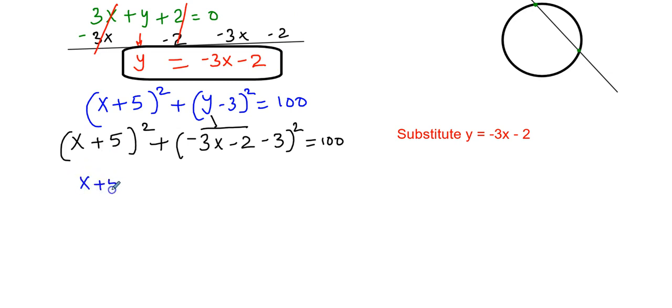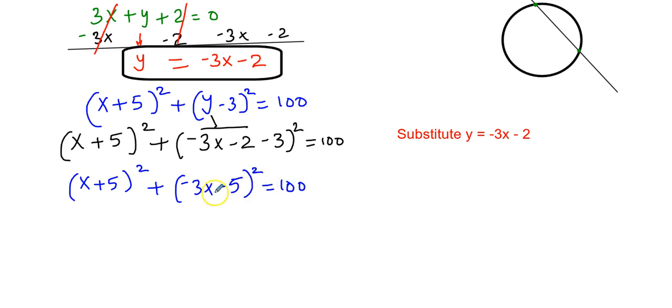Now the next step: (x + 5)² + (−3x − 2 − 3)². Minus 2 and minus 3 together, they both are negative, so add them and have a negative sign. So negative 2 and negative 3 gives you negative 5, and the whole square is equal to 100.